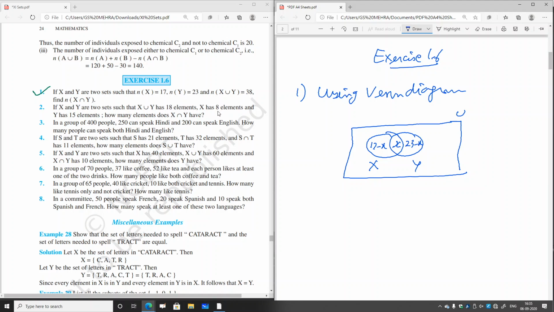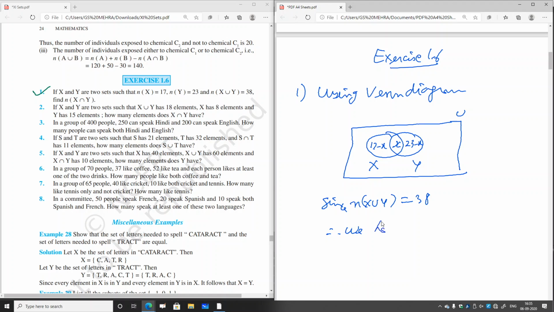And it says that the union of both the sets has 38 elements. So since n of X union Y equals 38, we just put the values here.